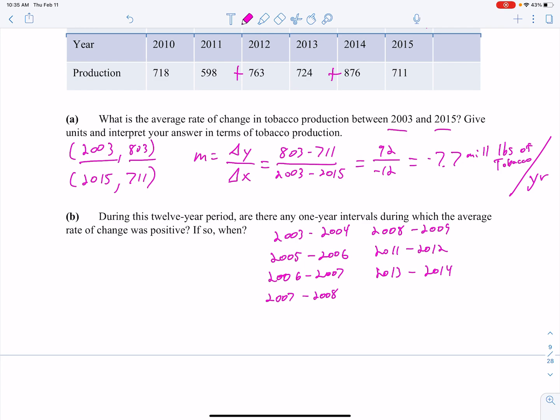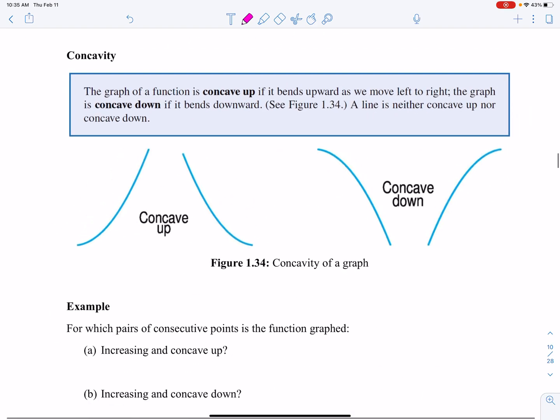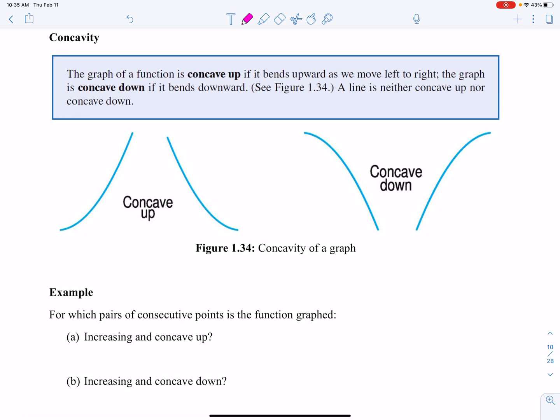All right. Okay, so another thing we're going to talk about as far as the shapes of graphs and analyzing graphs here is concavity. So look at the word concavity, concave, right? You've heard that word before, hopefully. Concave means curved, all right? Okay, so when looking at graphs, here's the x-axis and here's the y-axis.